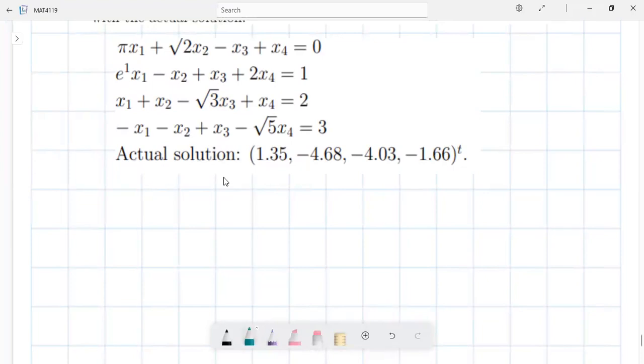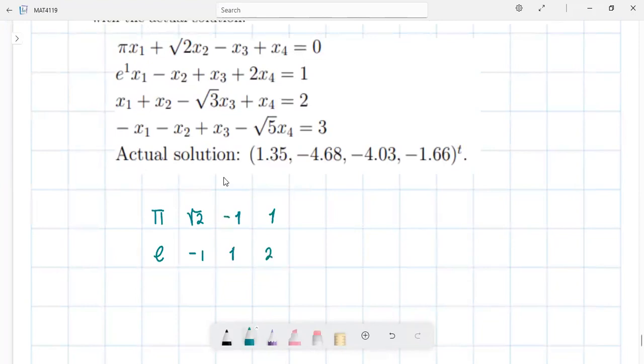From the first equation, we have pi as the first element, the square root of 2 as the second element, then -1 and 1. The second equation gives e, 1, -1, 1.